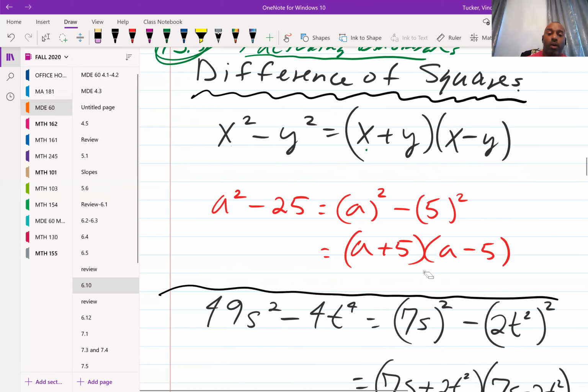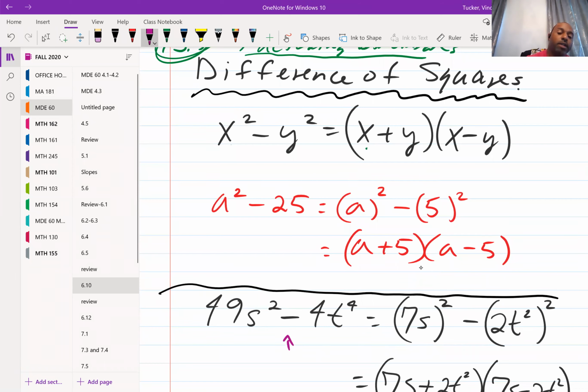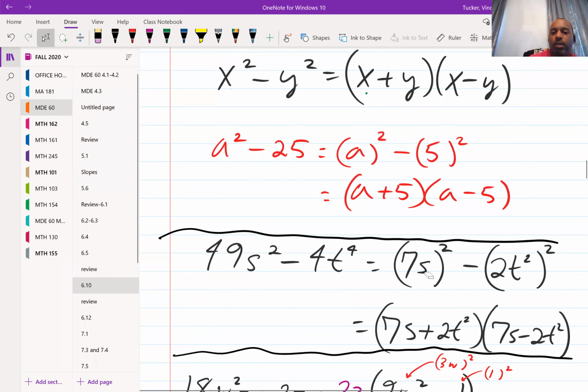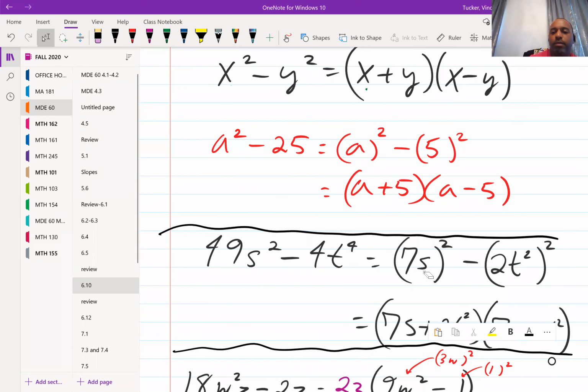And if both of them can, and once again, we're doing subtraction, then I can break it up into whatever their roots are, plus or minus in between. All right. Questions on that before we go to the next one?